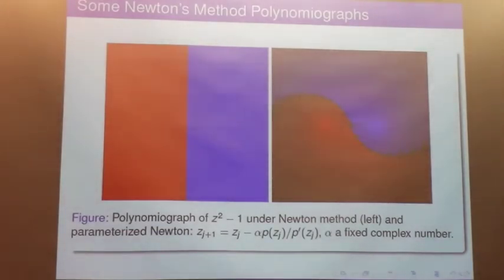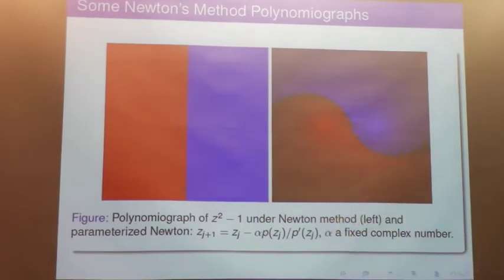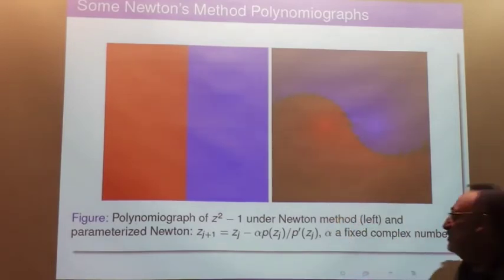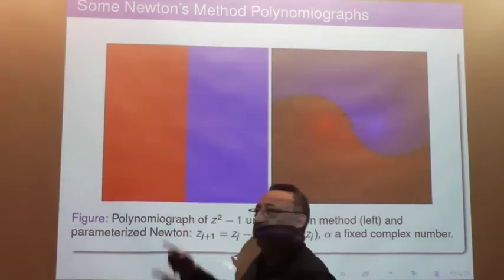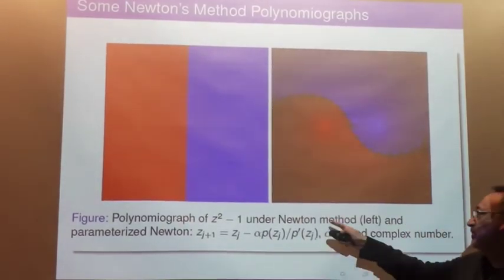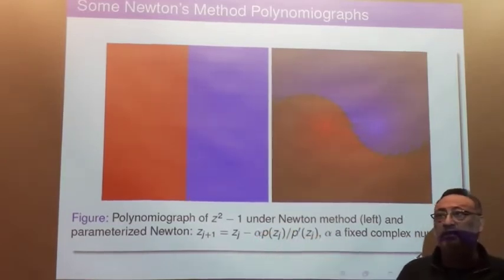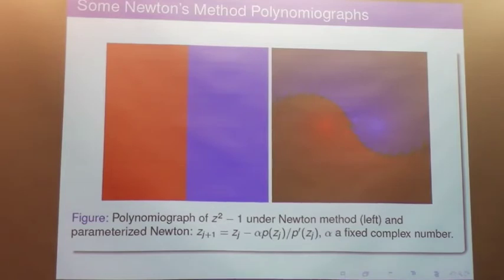Some Newton's method polynomiographs. The left image is the polynomiograph of z squared minus 1. The roots are sitting here and here. And the right image is a polynomiograph where, if you put an alpha in front of this Newton step, with the right alpha, you get this. I did this in South Korea with a group of middle schoolers.